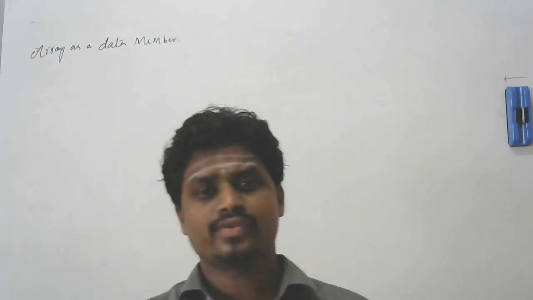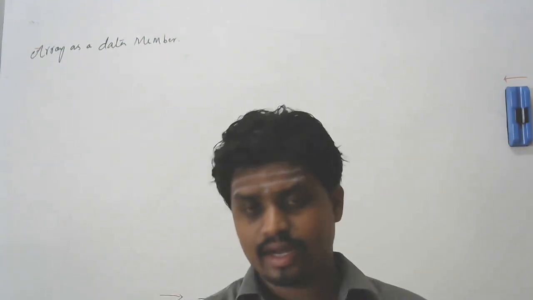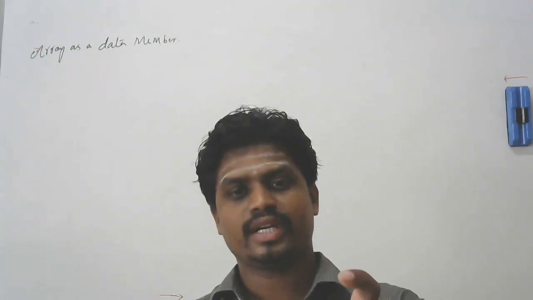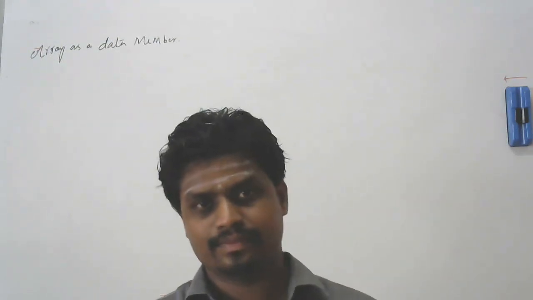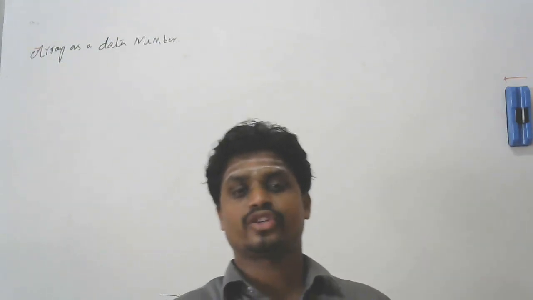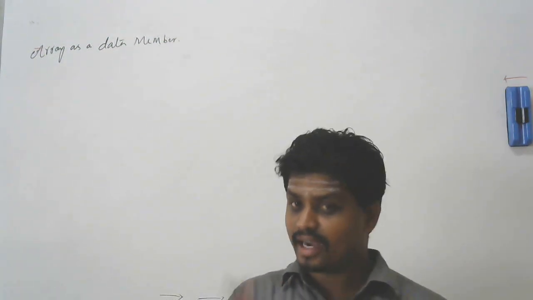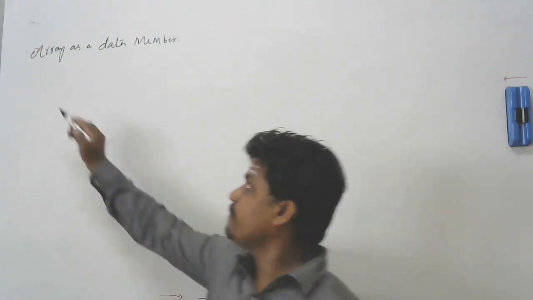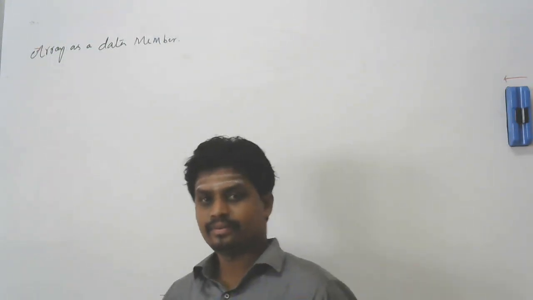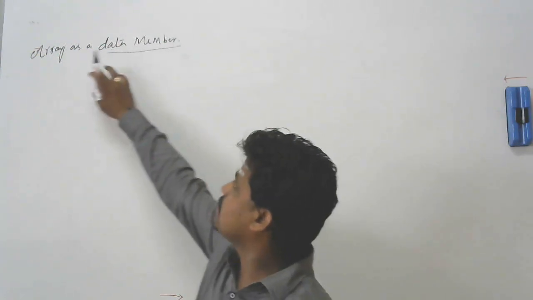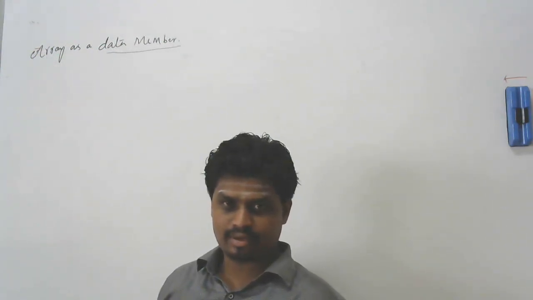So in the last class we have learned how we are defining a reference object for the class. In this particular session we will learn how you are declaring a data member as an array type.